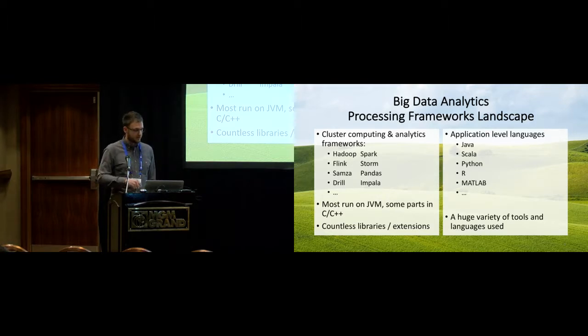But others, like Python and R, run on different interpreters. So now in this landscape there are countless libraries and extensions. There's a huge variety of tools and languages being used, and this can cause a couple of problems.